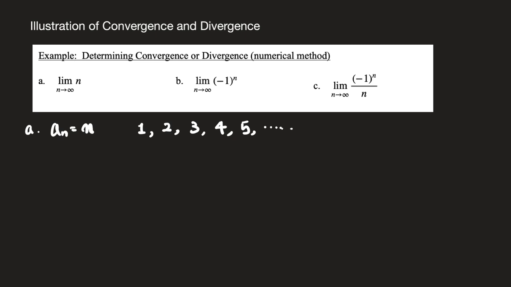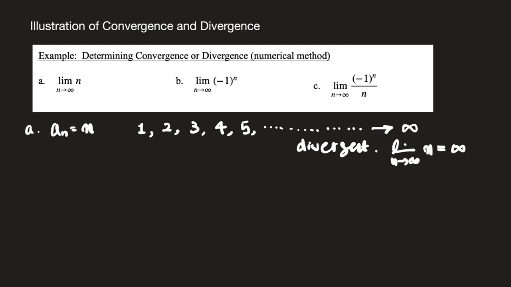What happened to the numbers? You keep going to the next term, next term, next term. This number is increasing unbounded, keep going. Increasing, we call unbounded. So this one is going to infinity, meaning the number is getting bigger, right? First term, second, third term. This one is divergent. Or you're going to see the limit as n approaches infinity is infinity.